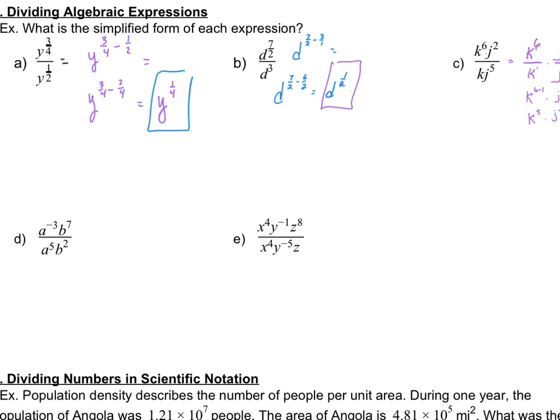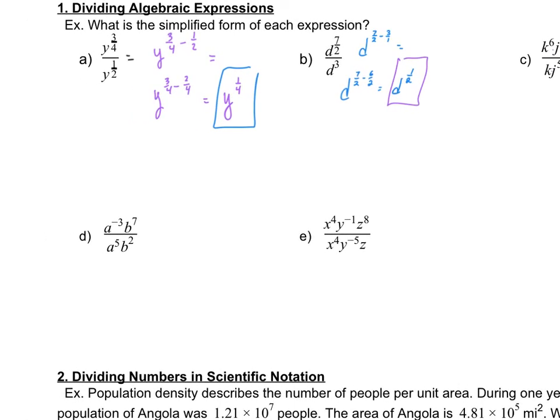Okay, let's see here. We do have like bases there that we're going to go ahead and multiply. All right, so if we try to rewrite that to make it a little bit more clear, we have a to the negative 3rd over a to the 5th times b to the 7th over b to the 2nd.